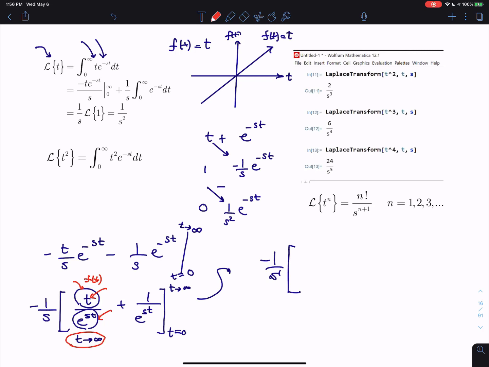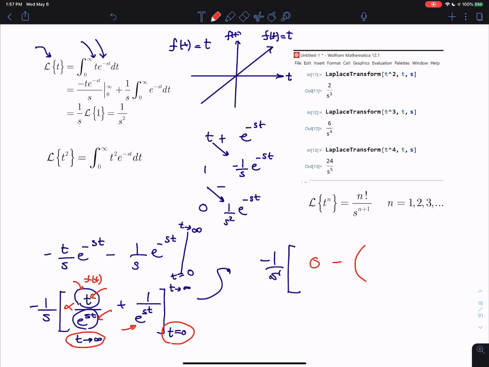So as t goes to infinity, this expression here goes to 0. And as t goes to infinity for the second expression, it also goes to 0. So you have minus 1 over s, so you got 0 minus, now you evaluate it at t equal to 0. Well, if t is equal to 0, you get 0 over 1 here, so it's 0, right?